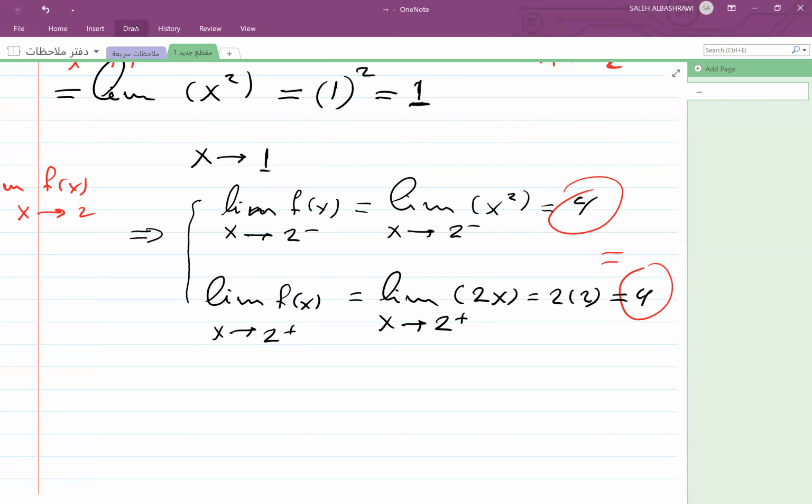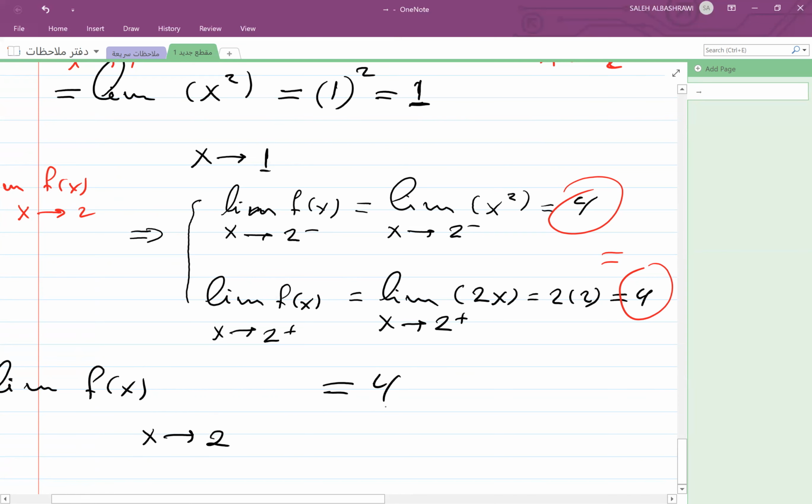Since they are equal, we will say that the limit exists. Then we will say the limit of f of x as x goes to 2 is equal to 4. So the limit exists and is equal to 4.